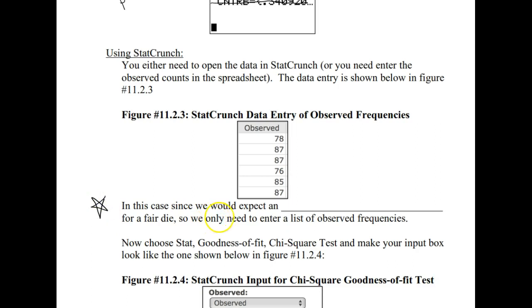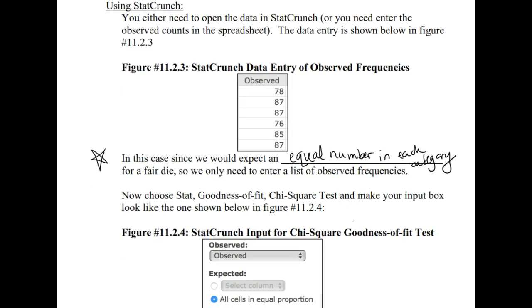But in this case, we would expect an equal number in each category. So in this case, we only need to enter a list of observed frequencies. This is not going to be the case in any of the homework problems because we're going to expect more blue M&Ms than brown ones, for example, or whatever it is that we're looking at data for. But in this case, for a fair die, we are expecting an equal number in each category.